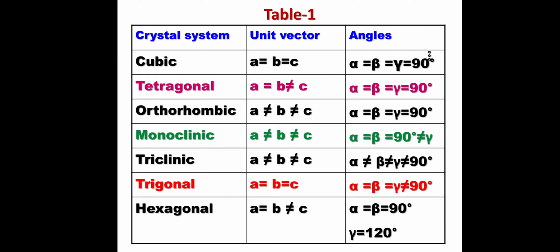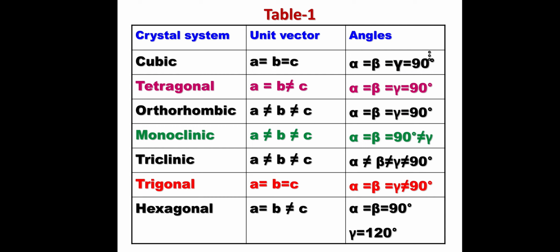And examples of monoclinic: Na2SO4, that is disodium sulfate, or in simple terms it is called sodium sulfate only, disodium sulfate decahydrate, and FeSO4, that is iron sulfate or ferrous sulfate.